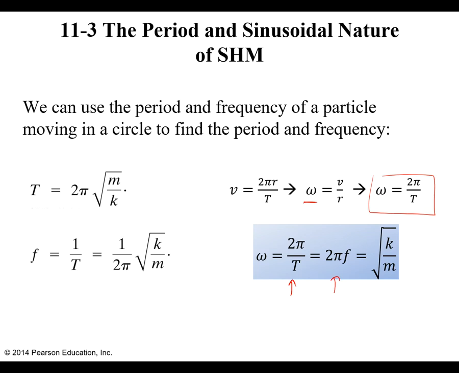But the frequency is 1 over 2 pi times the square root of k over m, and when that's multiplied by 2 pi, it gets rid of the 1 over 2 pi, and you're left with the square root of k over m. So here are three simple equations to calculate the angular frequency. Now this variable is very important for the equations of motion, as we will see in just a moment.